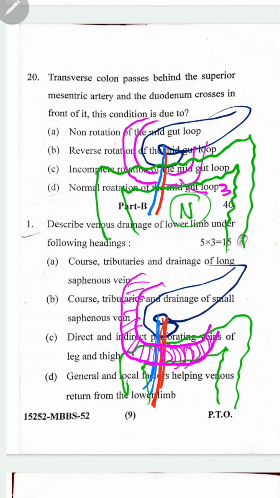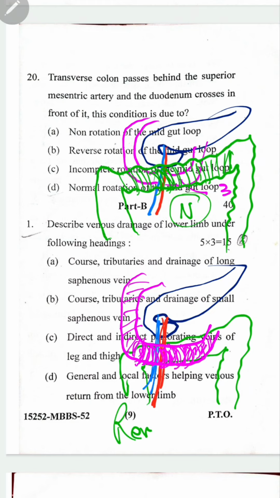That this duodenum is running anterior to these vessels. And what was happening here, that the transverse colon was running anterior to these vessels. So this was normal. So if it is happening opposite to normal, obviously it will be called, what will it be called?